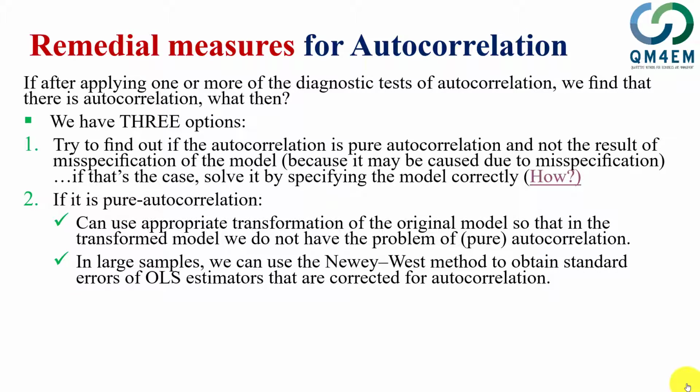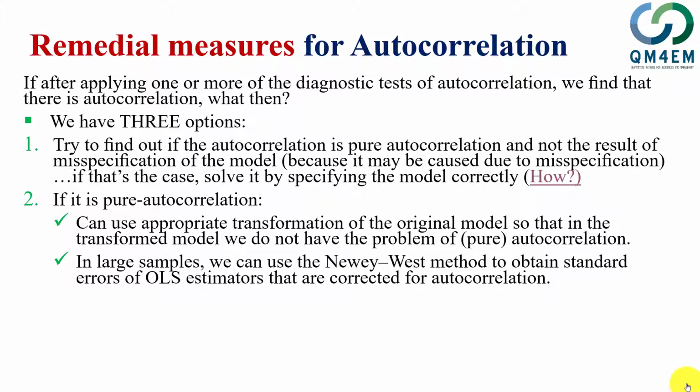In bigger data, when we have a very large sample size, we can also use the Newey-West method, which can fix the problem of autocorrelation by providing us the standard errors of the OLS estimator corrected for autocorrelation. It's comparable to the White procedure which we studied for fixing the problem of heteroscedasticity while obtaining heteroscedasticity-corrected standard errors. But like the White method, it's valid only for large samples.